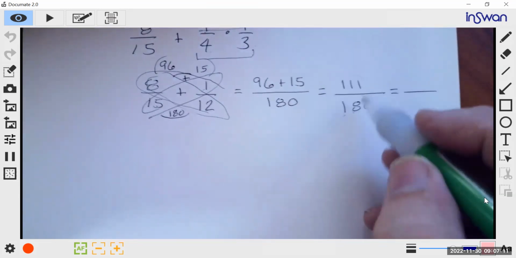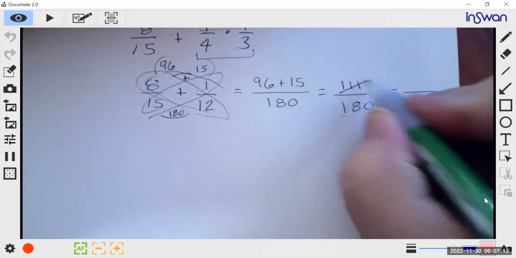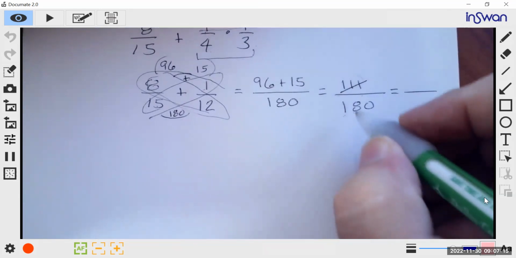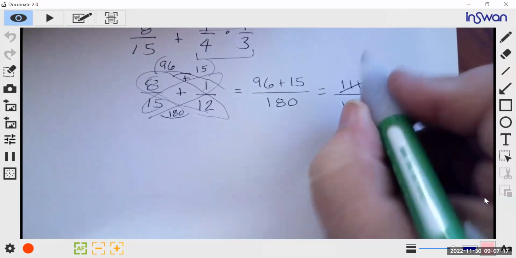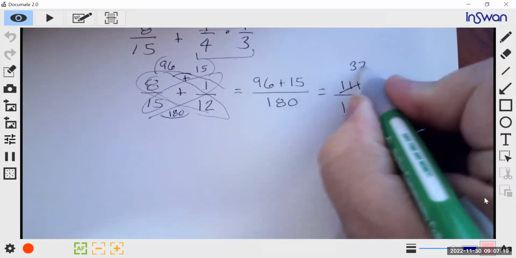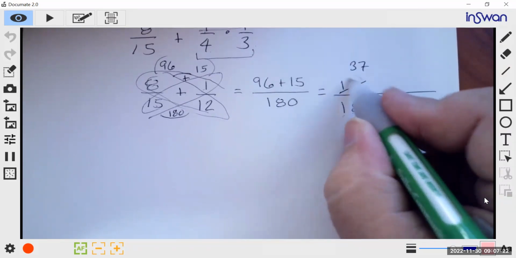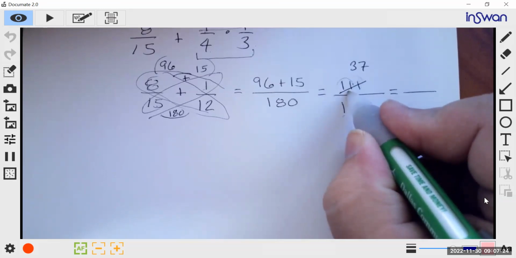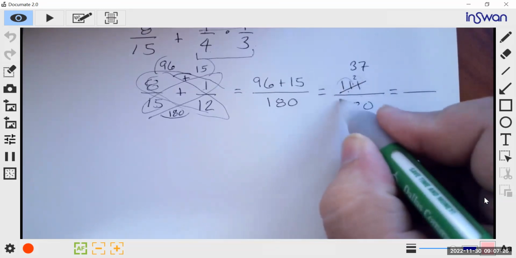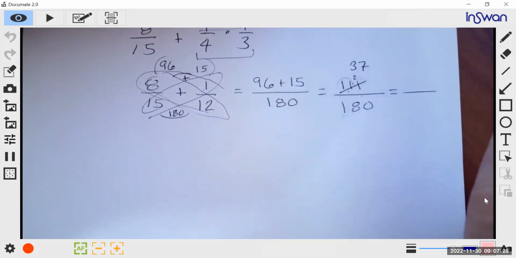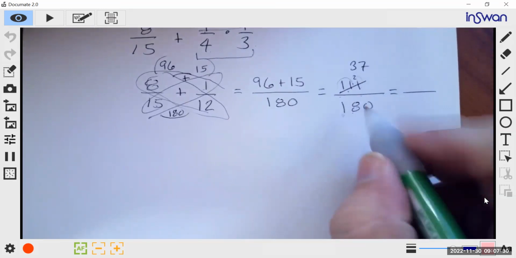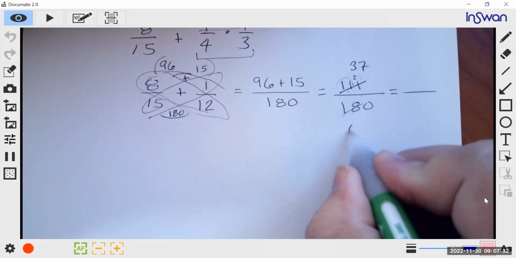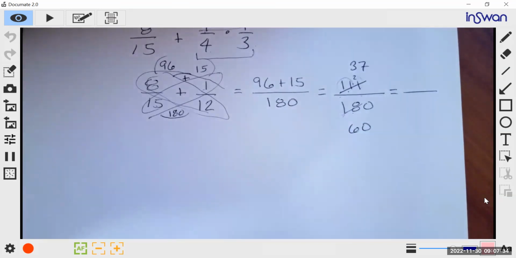So they're both divisible by 3. 3 goes into 111 how many times? 37 times. 3 goes into 18 6 times with a 0 in it.